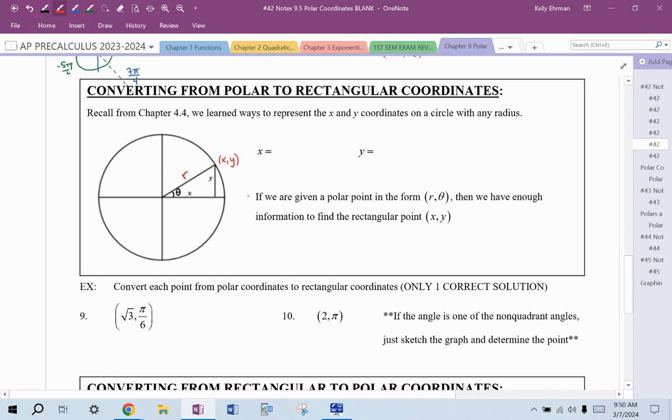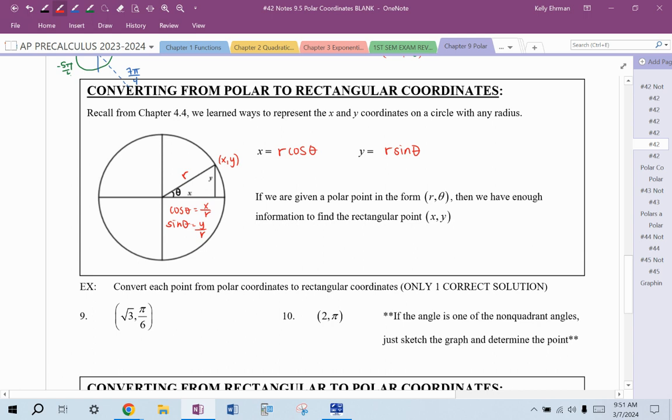So instead of just x equaling cosine theta like we're used to, cosine theta, remember, was x over r. So x is actually equal to r times cosine theta. It's been a little while, chapter 4, since we did that. And same thing here, sine theta would be equal to y over r. So y is equal to r times sine theta.